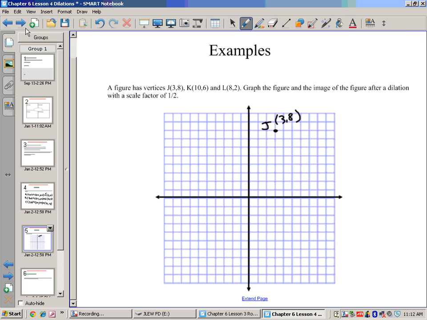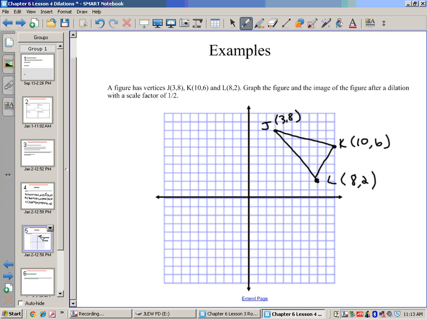K is (10, 6). And L is (8, 2). Okay, there's our original figure.